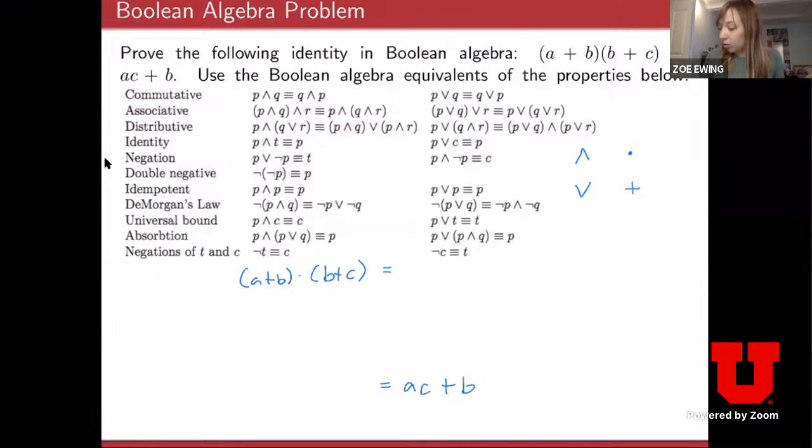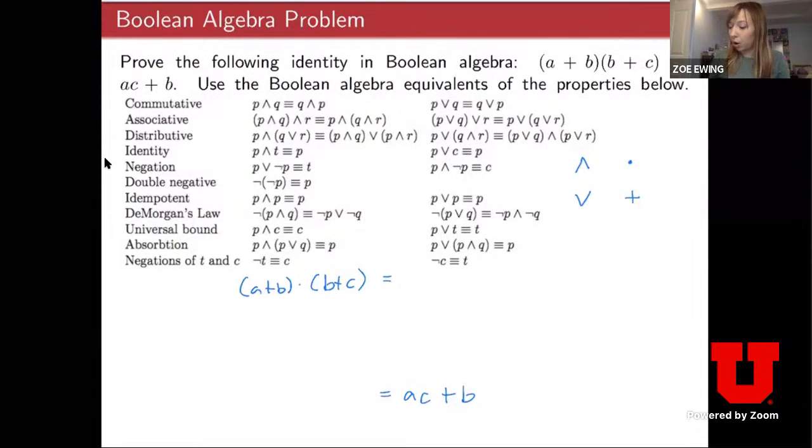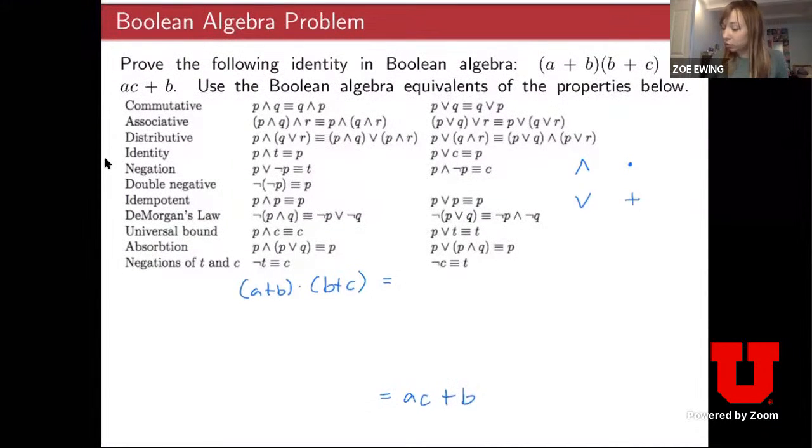What I looked at when I first saw this problem is that it looks really close to the right side of our distributive property. We've got the or sign, the plus sign, in the parentheses, and we've got the multiplication, or the and sign, in between them. But what do we have to do first before we can use that property?